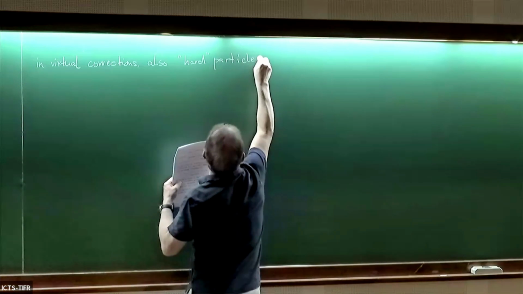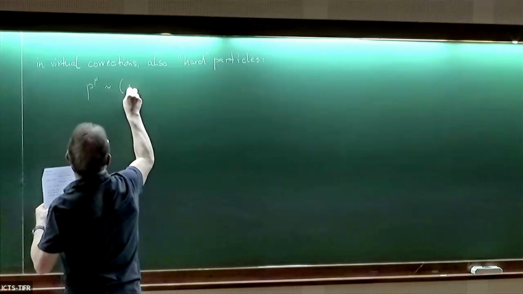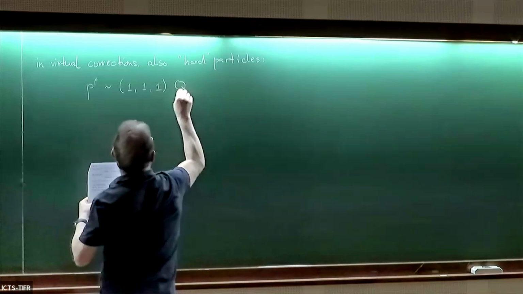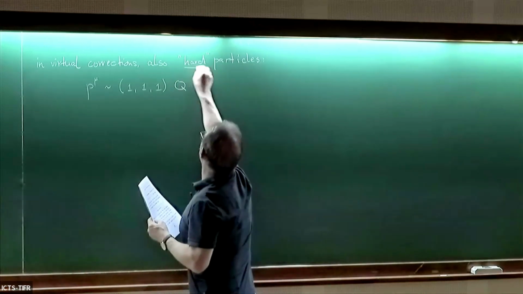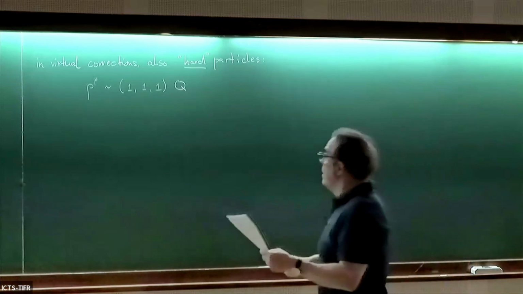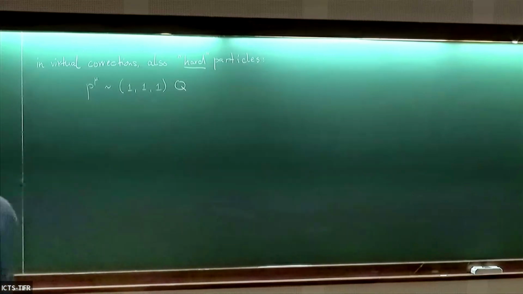And for the hard particles, I will simply call a particle hard if its momentum basically has all components of order the hard scale. And I call this a hard momentum or a hard particle. And the three entries here will always be in this order.